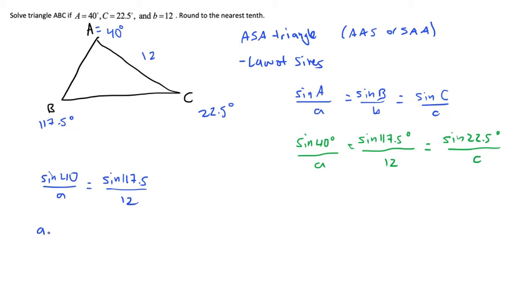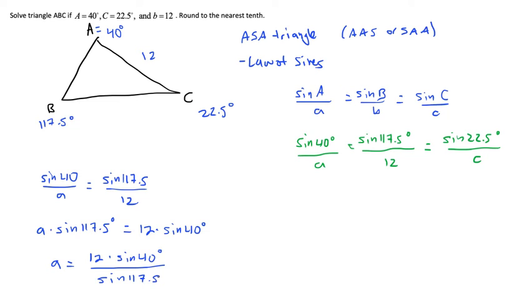So A times the sine of 117.5 should equal 12 times the sine of 40 degrees. And then finally, we'll divide this out. So A should equal 12 times the sine of 40 degrees all over the sine of 117.5.